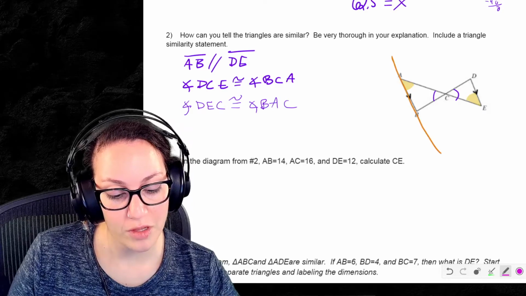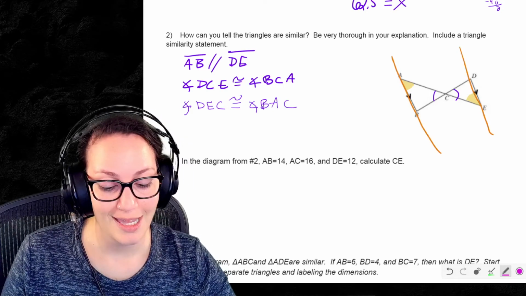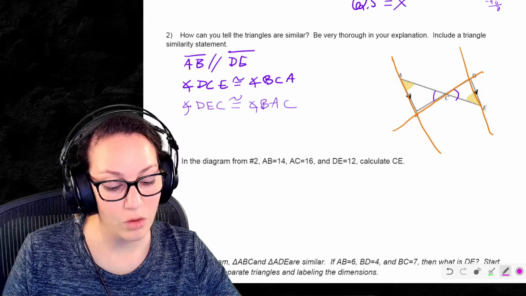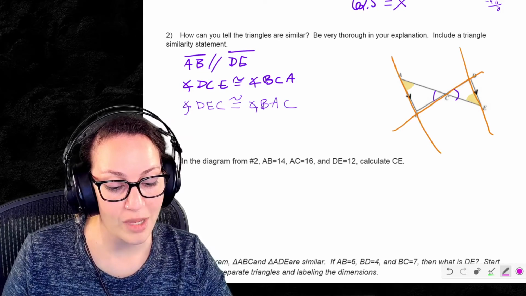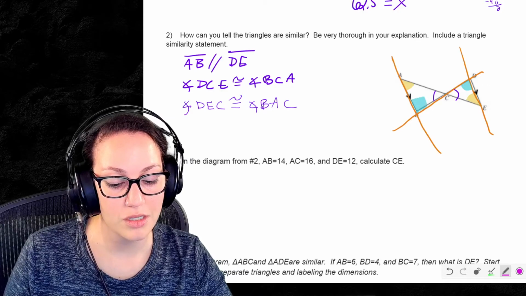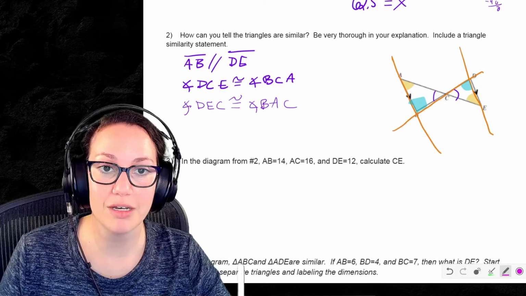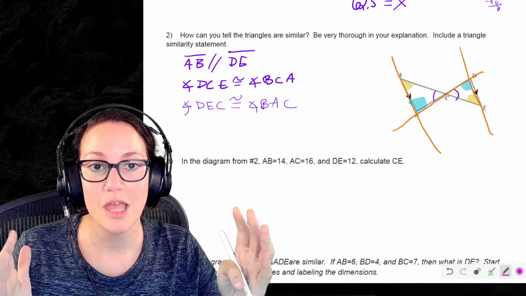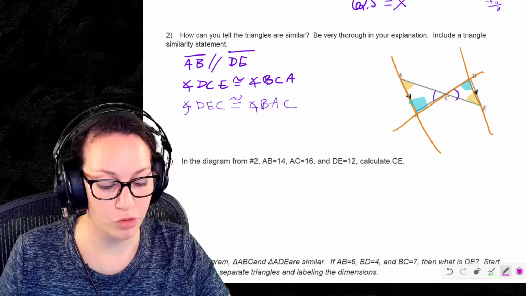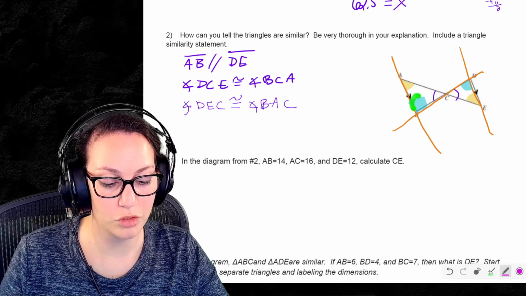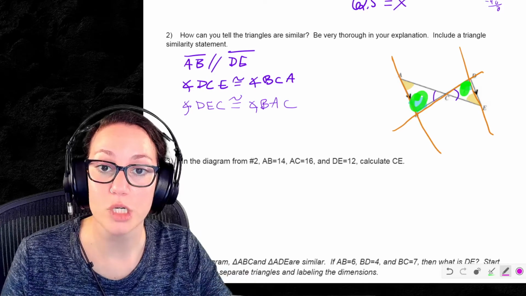So here's our parallel lines again. We'll do them in orange. And here's our other transversal. So now we have this angle and this angle. And it would be so nice if they were congruent. And in fact, they are interior to the parallel lines and on alternating sides of the transversal, right? One is over here on top of the transversal, and the other is here below the transversal.